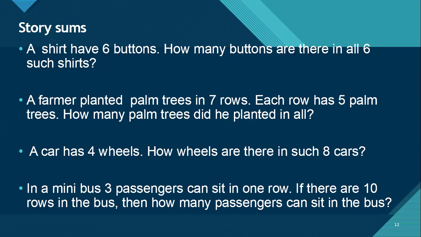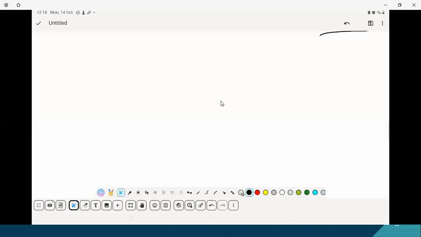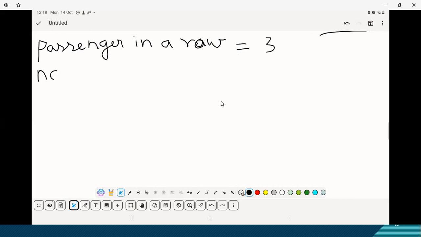Quickly see the same example on the whiteboard. Passengers in a row, that is 3. Number of rows is equal to 10.